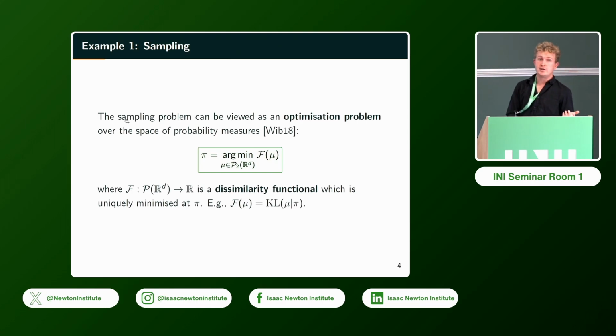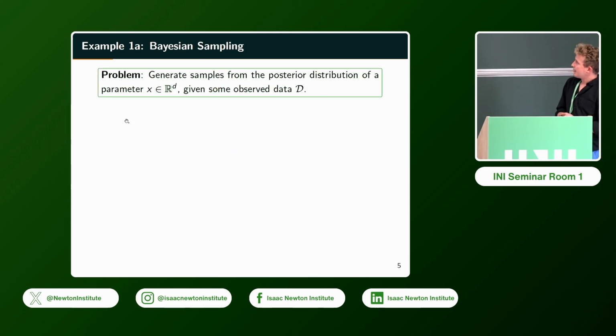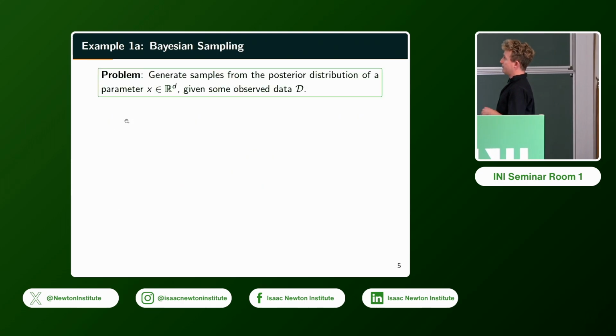And the canonical choice of our dissimilarity functional is going to be the forward KL divergence between mu and pi, which we know is always non-negative and is equal to 0 precisely when mu is equal to the target pi.